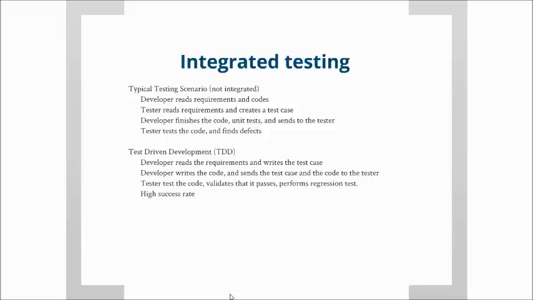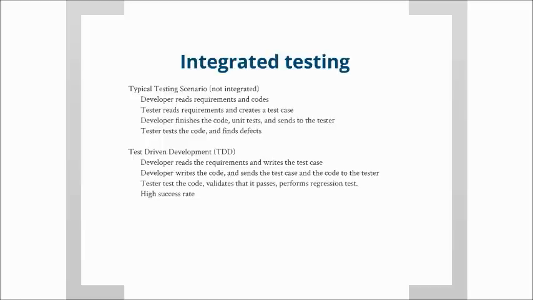In this first scenario, the typical testing scenario which is not integrated, the developer reads the requirements and then codes. Then the tester also reads the requirements and creates a test case. The developer finishes the code, unit tests it and sends it to the tester saying it's ready to be tested. The tester will test the code according to his test cases and will find defects.